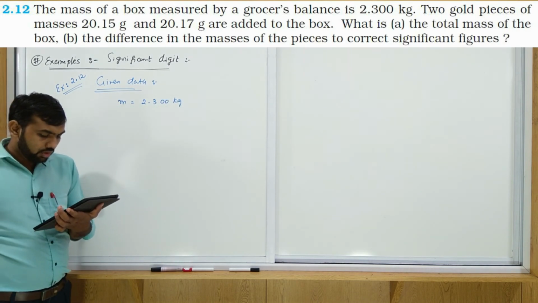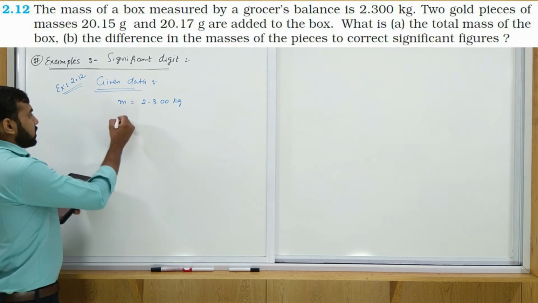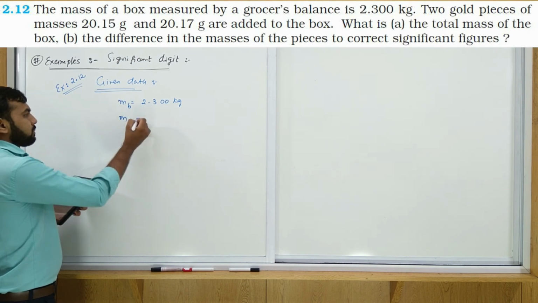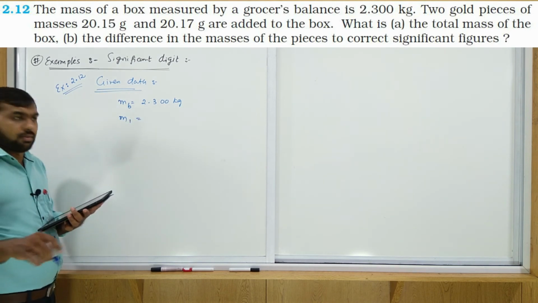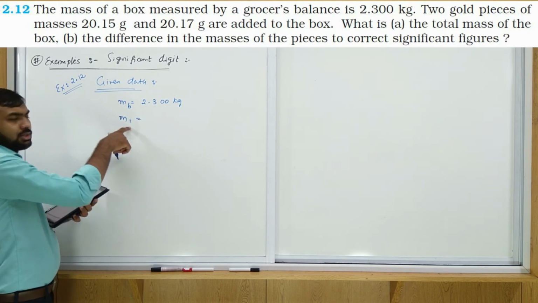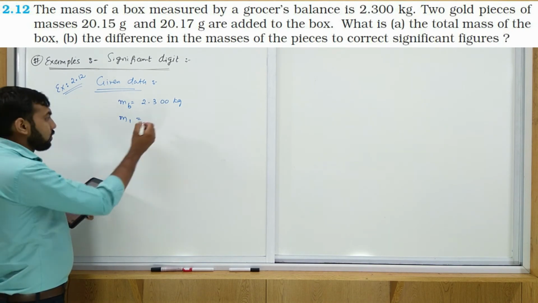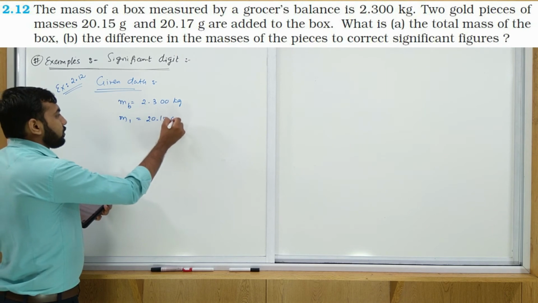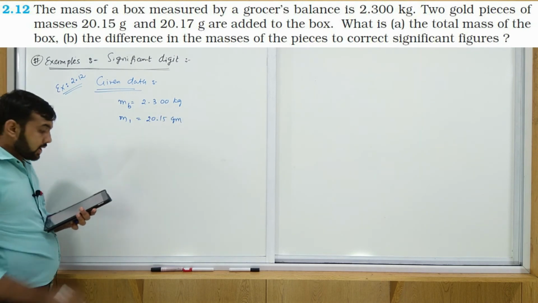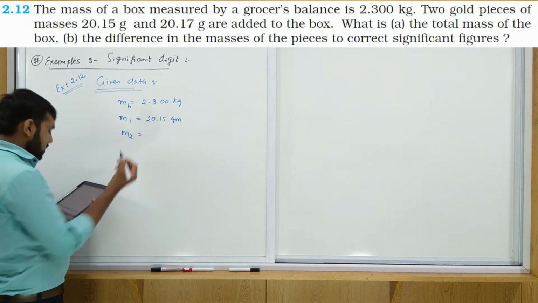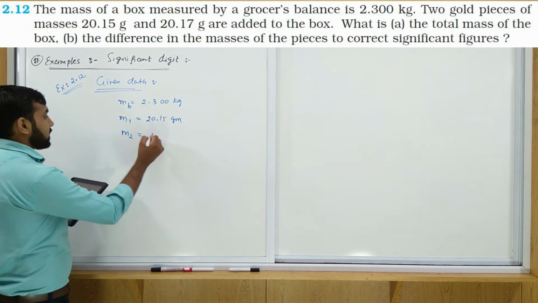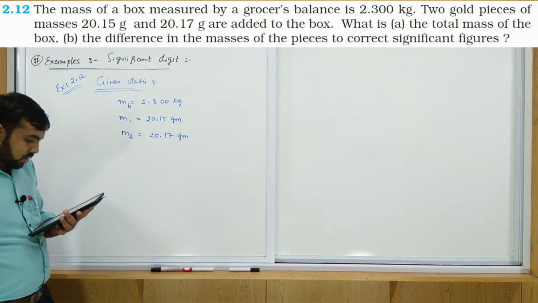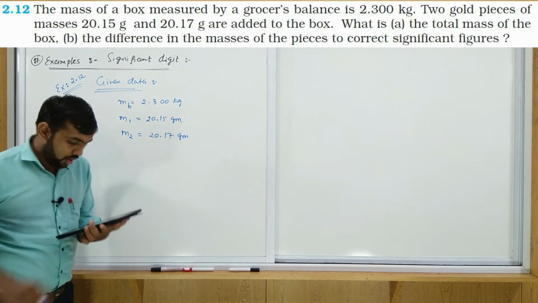Two gold pieces of mass 20.15 gram, mass of first piece M1 is equal to 20.15 gram. Second mass is given to us, M2, 20.17 gram, are added to the box.